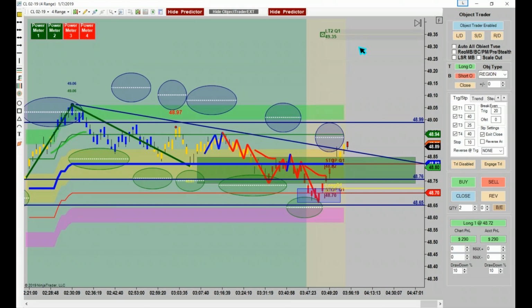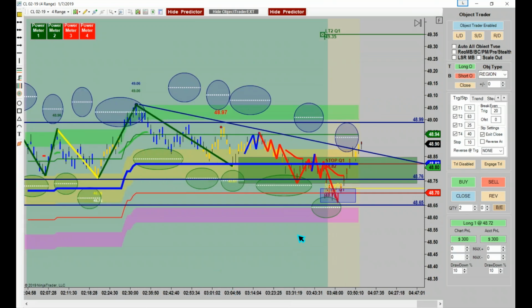We'll just get this out of the way. We don't know where it's going, but we do know we got a stop in, so we're good to go. Okay, if we had more in this, and by the way, you could even, if you decided, see where that's trying to go above that swing, you can add 1 if that bar closes above that swing. Just be careful when you do it.